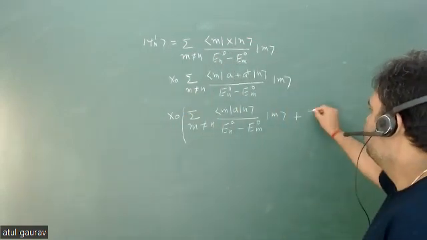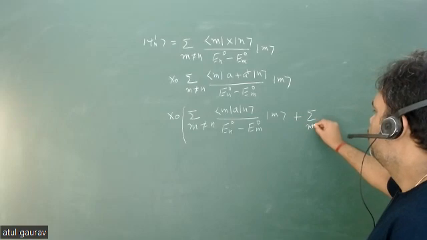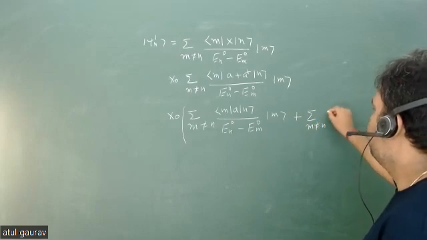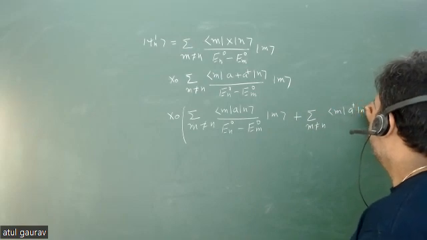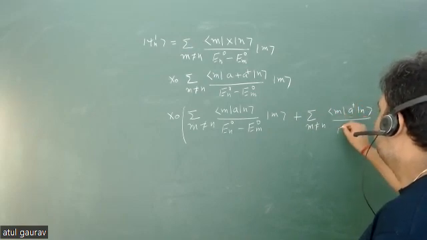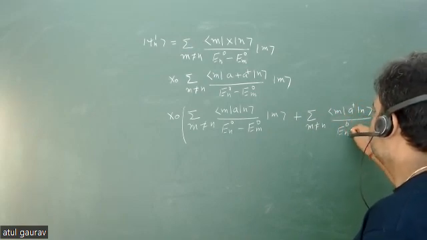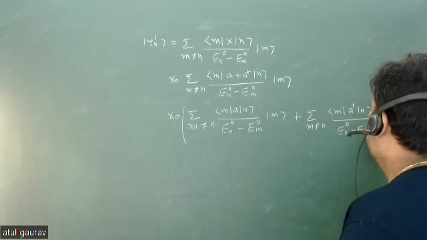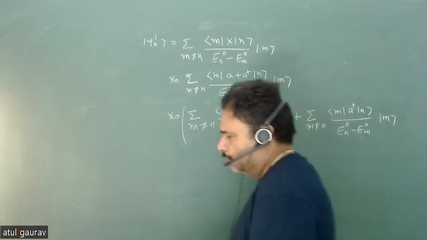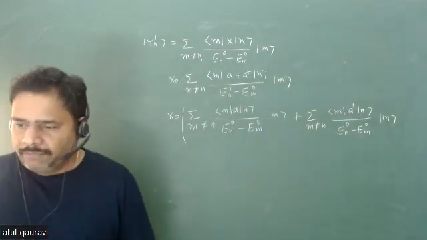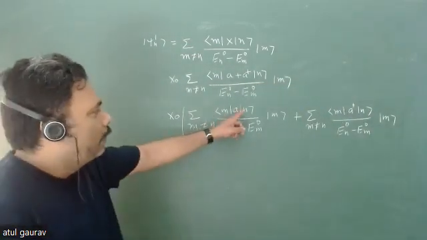So we have summation over m not equal to n, ⟨m|a†|n⟩ upon En0 minus Em0, phi m. Now a will operate on n.